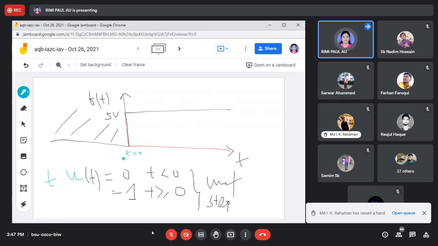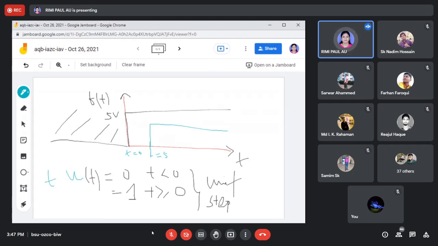It is not started at t equal to 0. Suppose it is started at t equal to 5 seconds. So now this value is this one. This is a unit step function. You can take unit step function, or you can take step function. If we take step function, then the value will be k. If we take unit step function, the value will be 1. This is the difference.